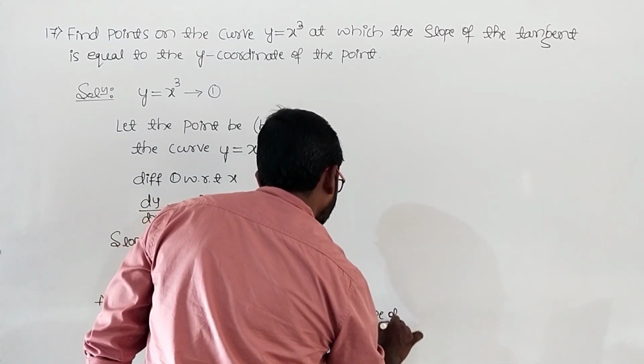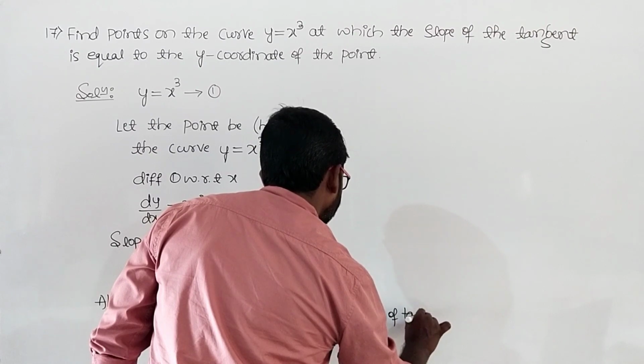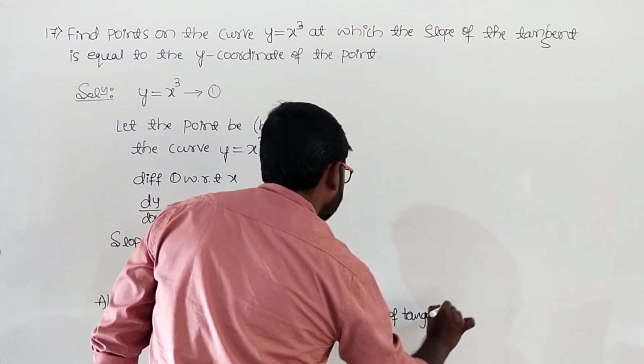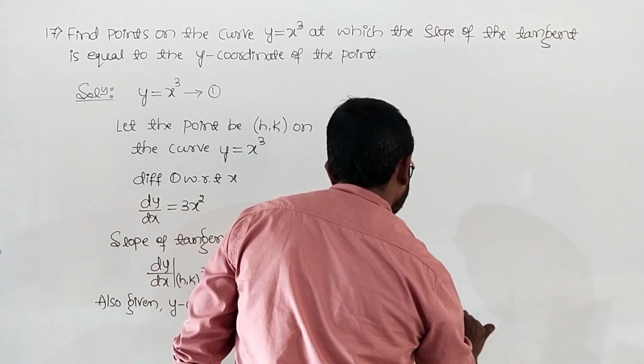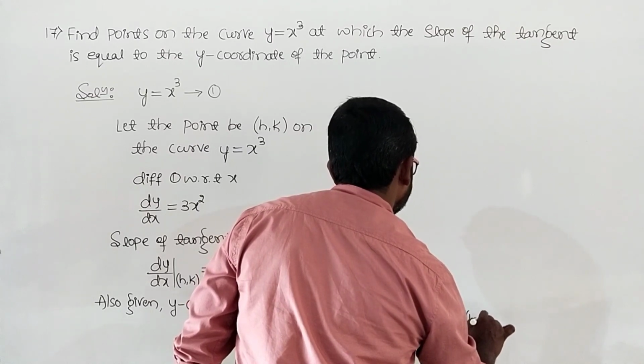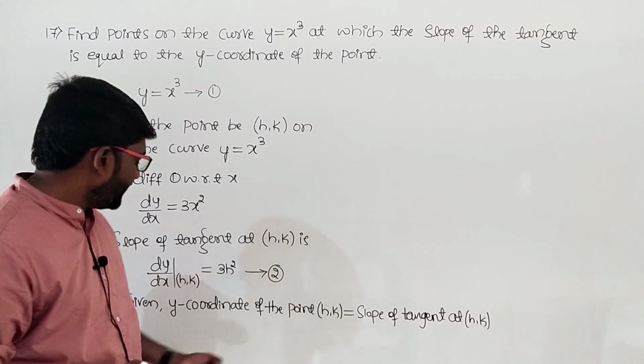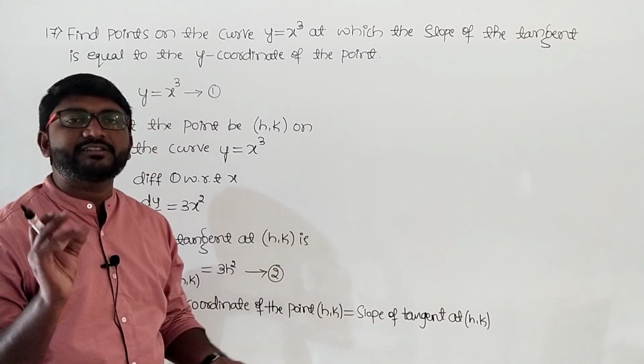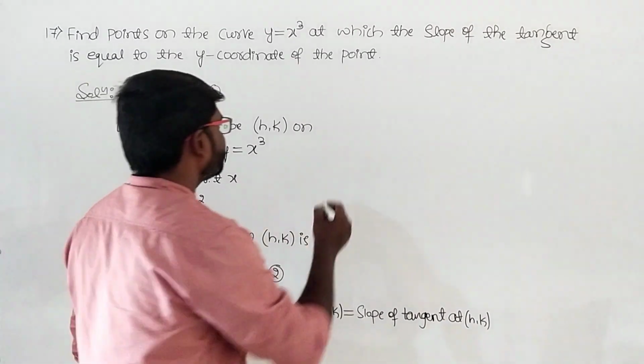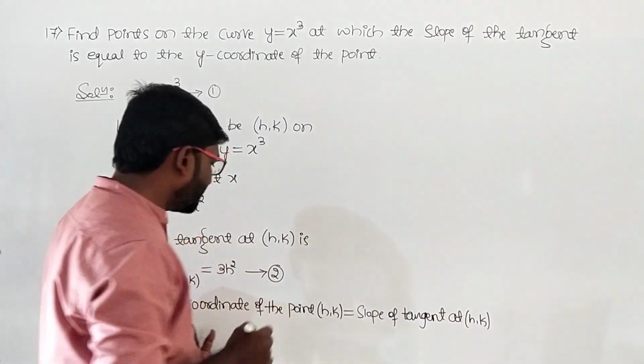Slope of tangent at h comma k equal to y coordinate of the point h comma k, both are same. So now let us write this. What is the y coordinate of the point h comma k?